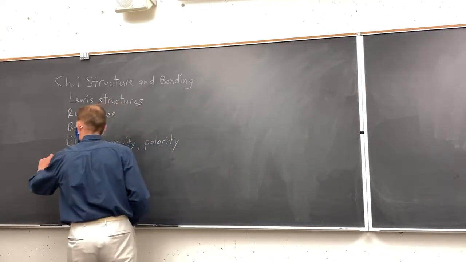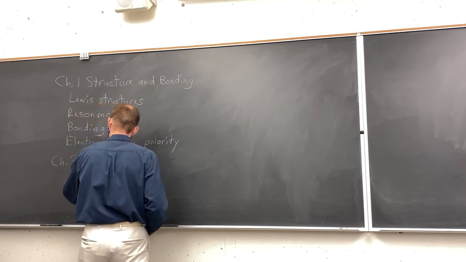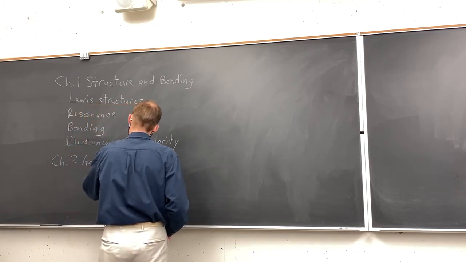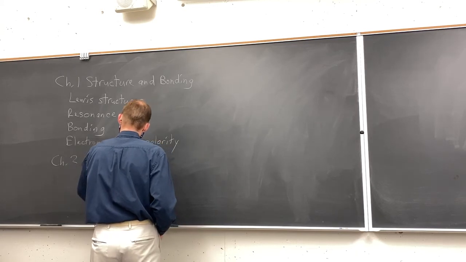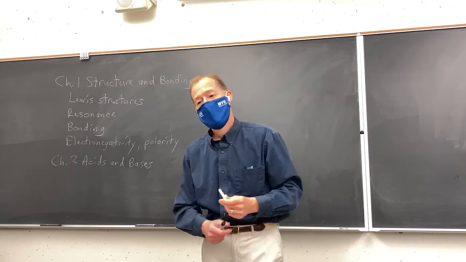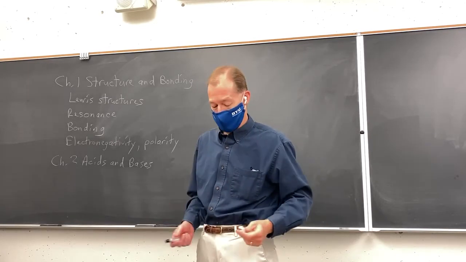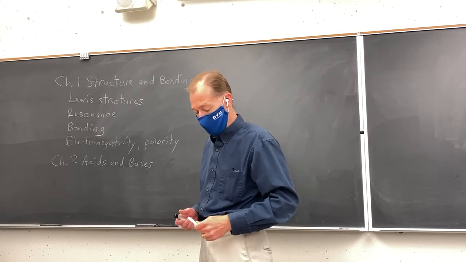So next, Chapter 2 was acids and bases. Another topic covered in general chemistry, but the way we focus on it in organic chemistry is different, namely comparing two or more acids and determining relative acid strength.